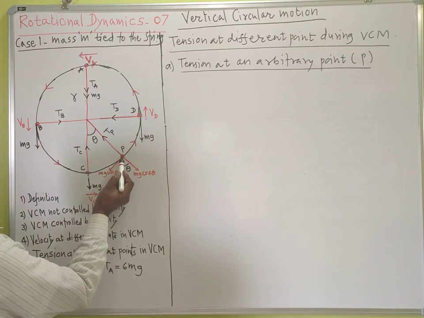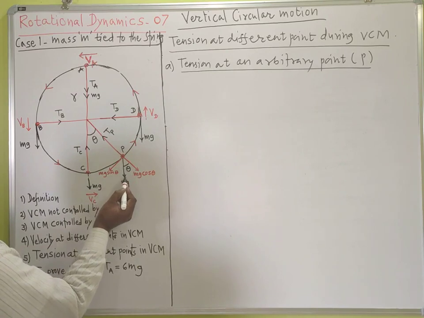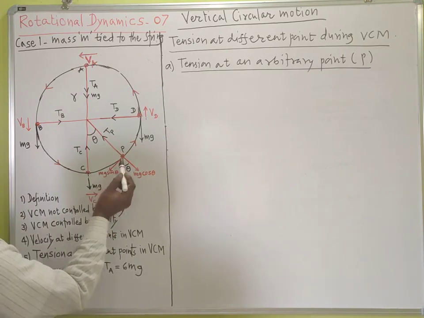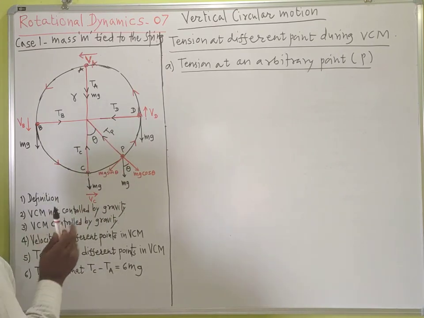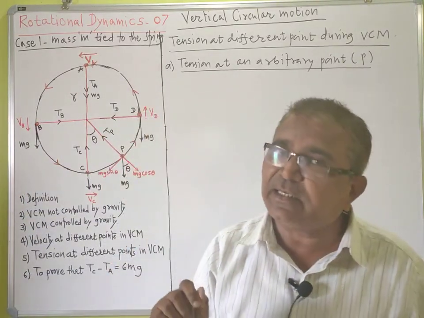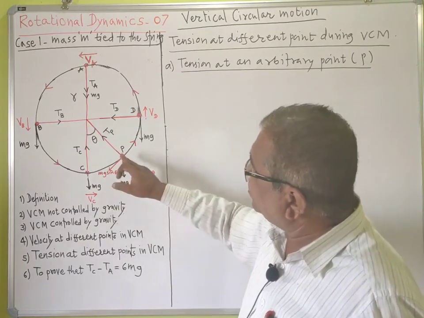One force is the weight of the particle, mg, which is always acting vertically downward, and the other is tension acting toward the center, that is Tp.